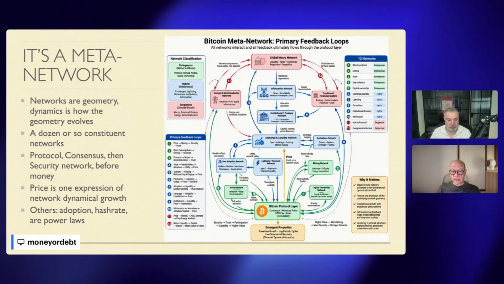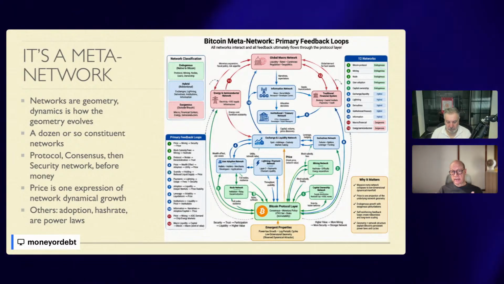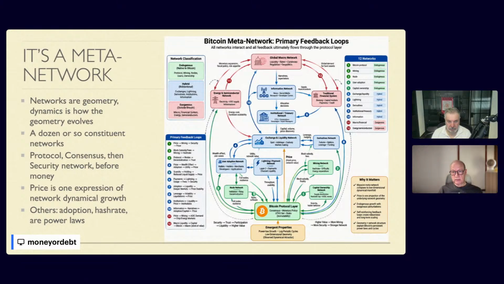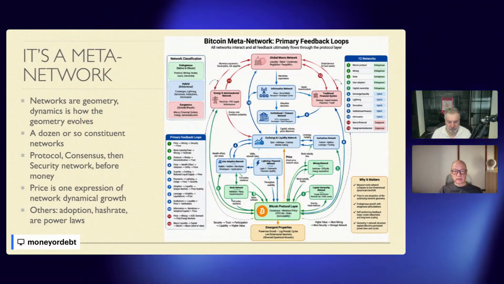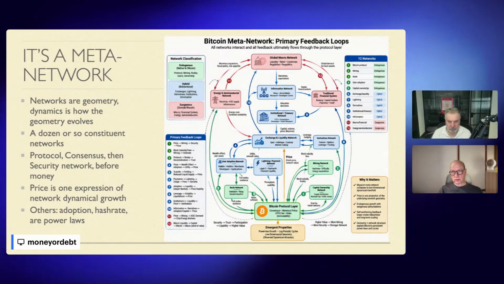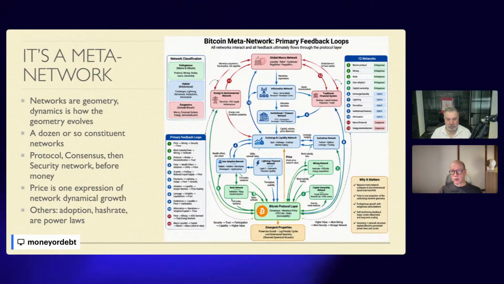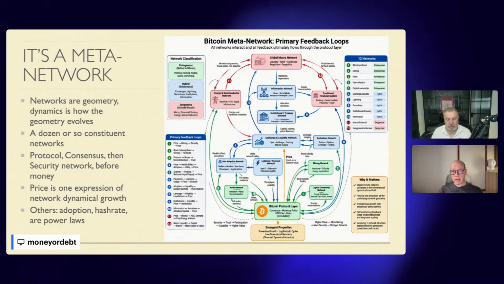So let's start with the idea that, first of all, and I think most people that attend this regularly have a general understanding of this, that Bitcoin is a meta network. And depending on how you count, you can count 12 or 13 networks or maybe some other number.